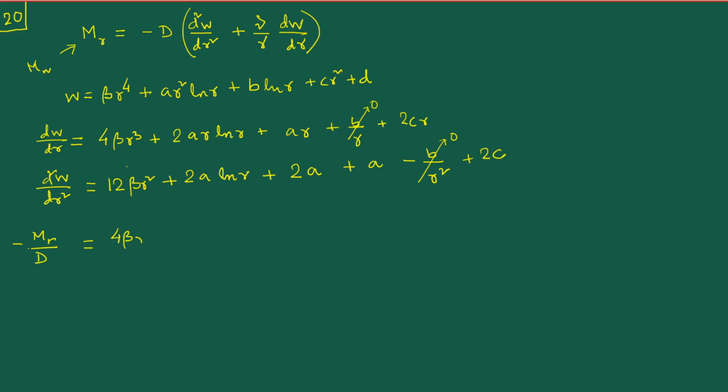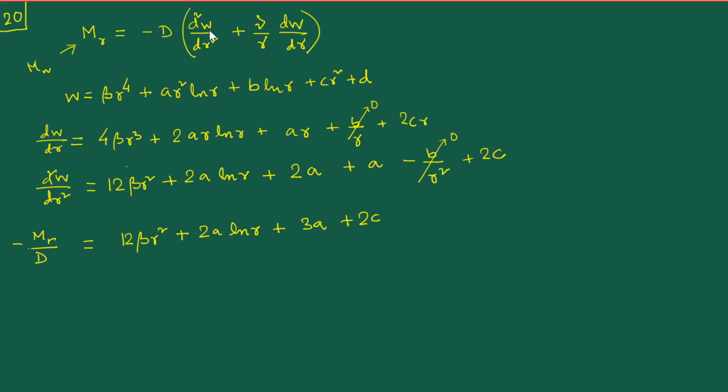This is 4 beta r cube plus twice a r, pardon me, I should be first writing this. So this is plus 3a plus twice c.